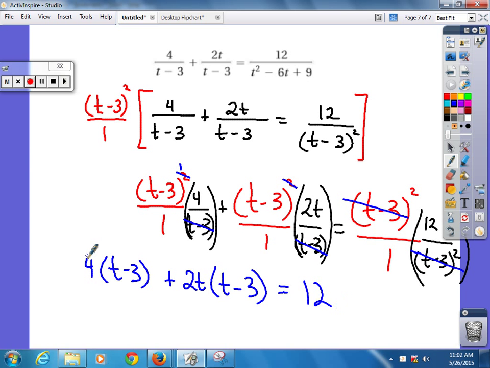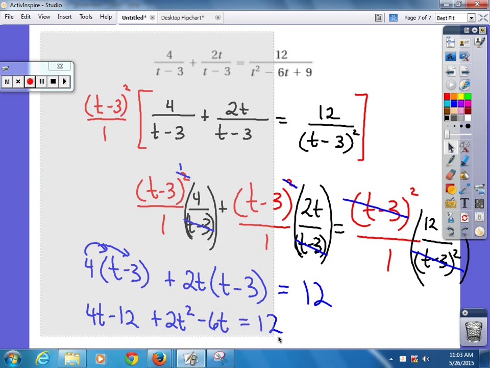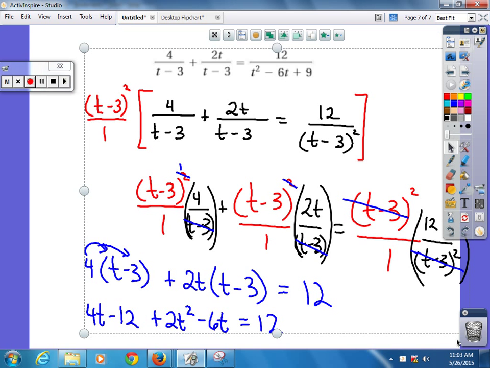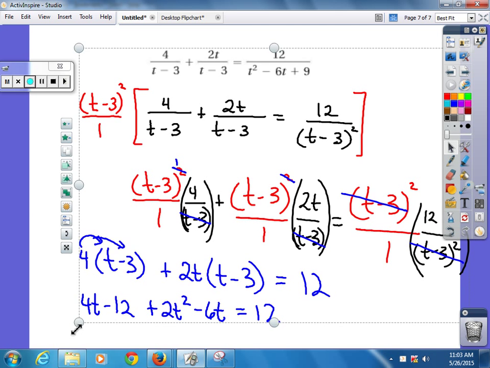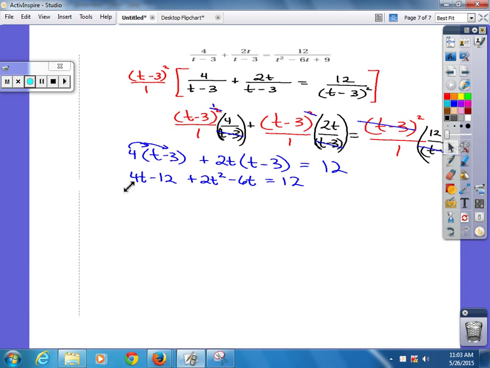So distribute. And that gives you 4t minus 12 plus 2t squared minus 6t is equal to 12. Take your handy dandy problem maker smaller? Y'all got one of those, right? Ooh, I hit the wrong one. Whew. There we go.